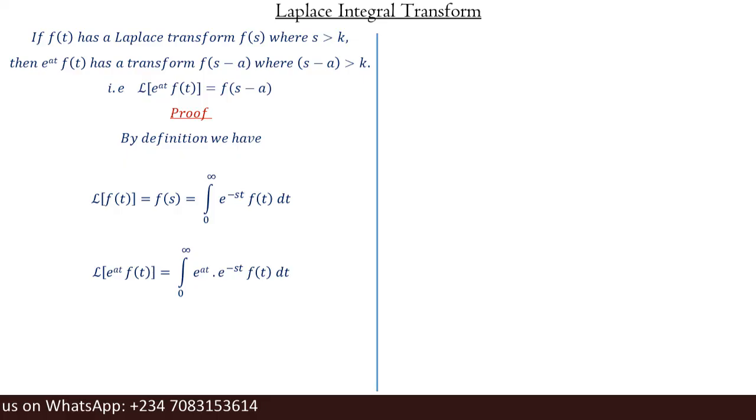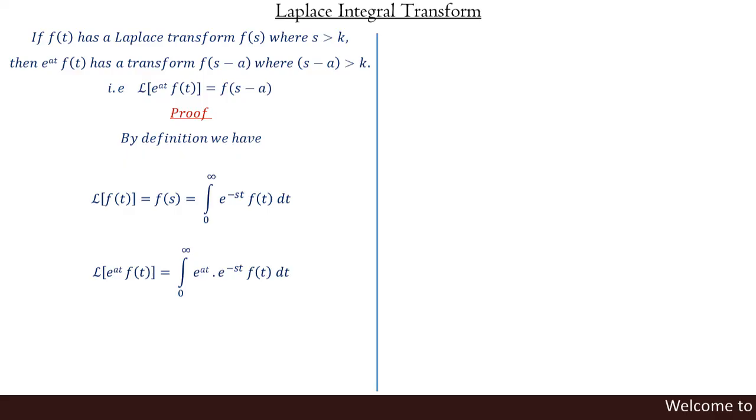Now, using this definition, that means we are going to have the integral from 0 to infinity of e raised to the power of at multiplied by the main definition of the Laplace transform of f of t, which is e raised to the power of minus st f of t dt. I don't know if you understand this, right? Now, take a look at the definition, the Laplace transform of f of t, and now the Laplace transform of e raised to the power of at multiplied by f of t. So we just added e raised to the power of at to the integral, right?